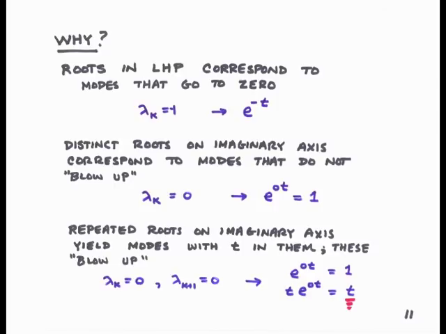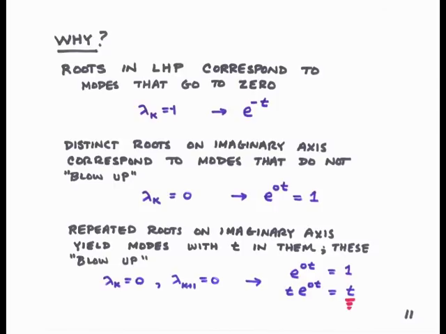Distinct roots on the imaginary axis correspond to modes that do not blow up with time. For example, if lambda k equals 0, we know the mode is e to the 0 t, which is 1, a constant. So that does not increase to infinity as time goes to infinity. However, repeated roots on the imaginary axis yield modes which have a t in them, and these modes do blow up, although not exponentially. They blow up polynomially in time.